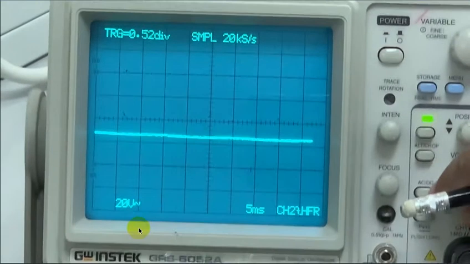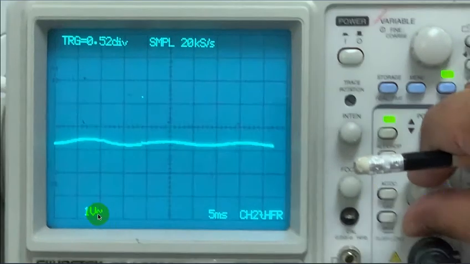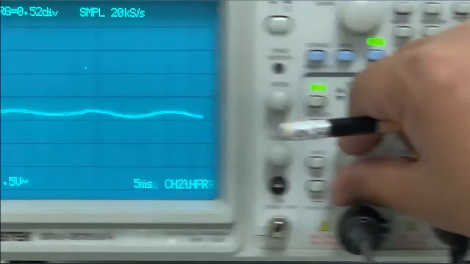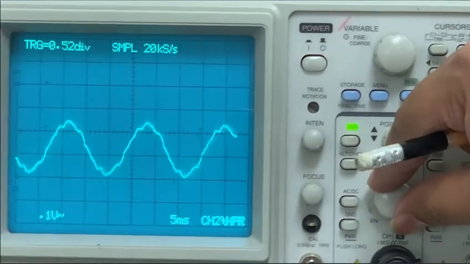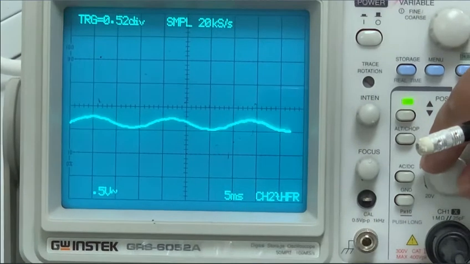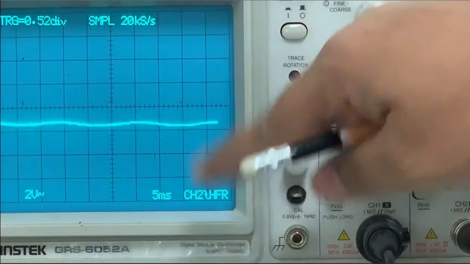Here you can see 10 volt AC. When I change this knob, the voltage is changing. You can find something here like a wave. I am reducing the voltage, the amplitude factor, the multiplication factor.